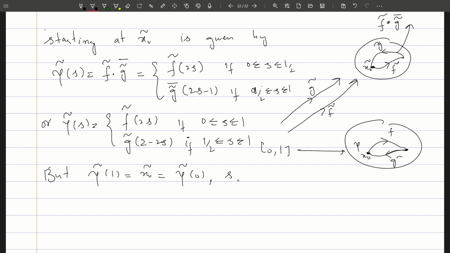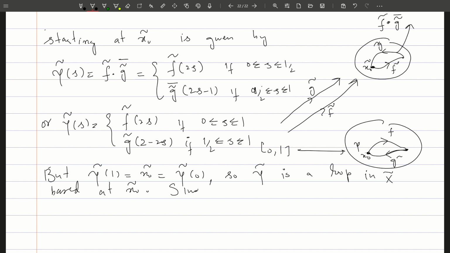So gamma tilde is a loop based at x naught tilde. So this is a loop in x tilde based at x naught tilde.